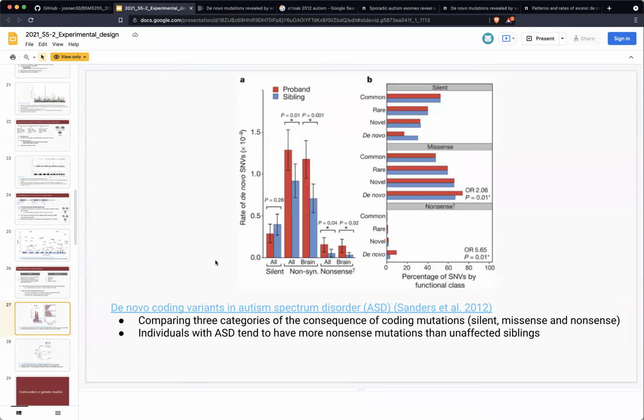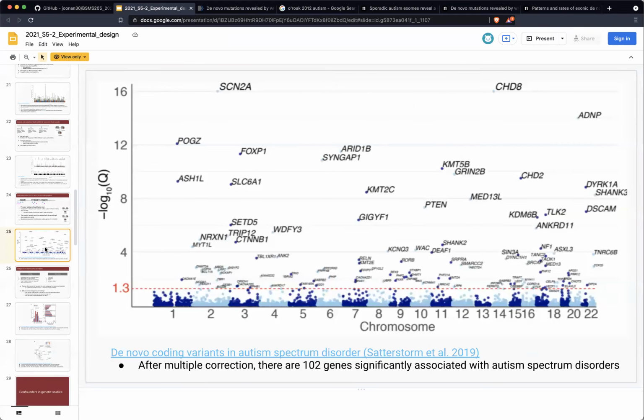And also, more recently in 2019, they improved their experimental design. Now they are looking at gene-level association, and now people can say 100 genes are significantly associated with autism spectrum disorders.